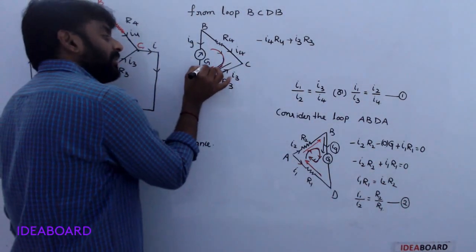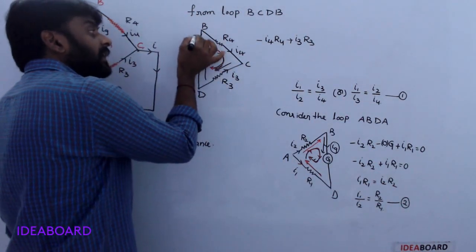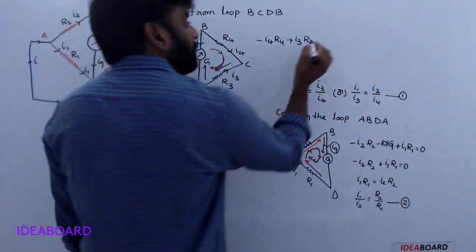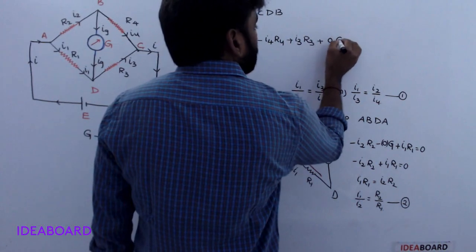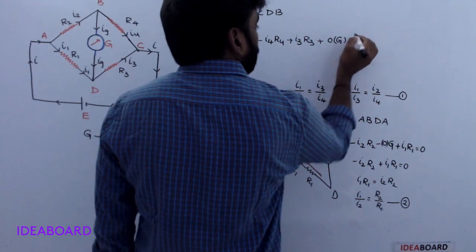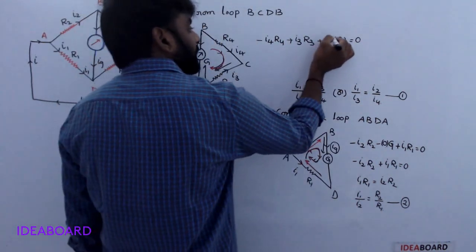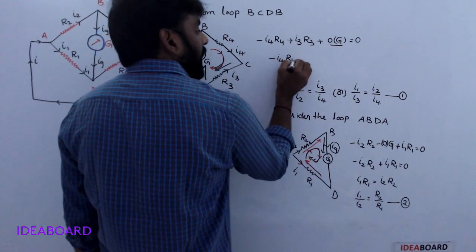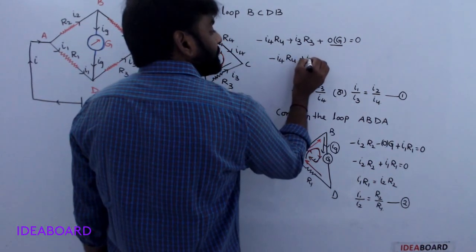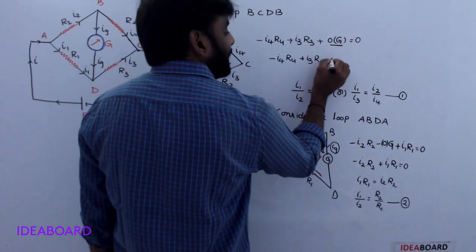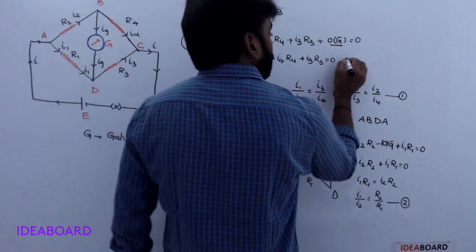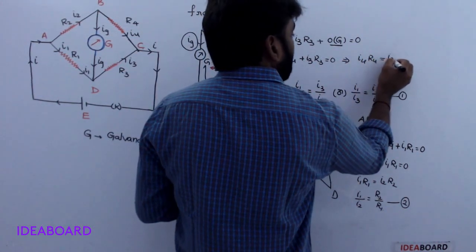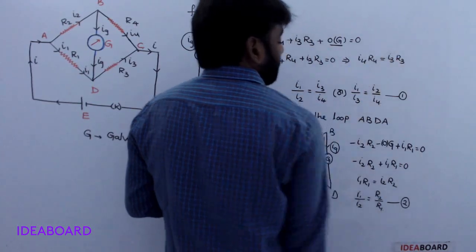In balancing condition, galvanometer current is equal to 0, so 0 into galvanometer resistance is 0. Total: minus I4 R4 plus I3 R3 is equal to 0. From this one, I4 R4 is equal to I3 R3.